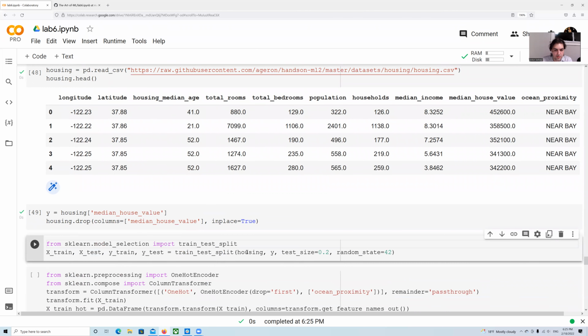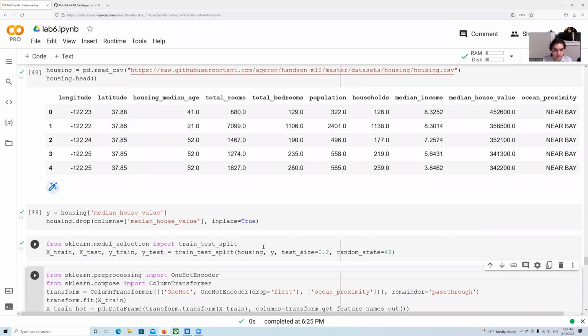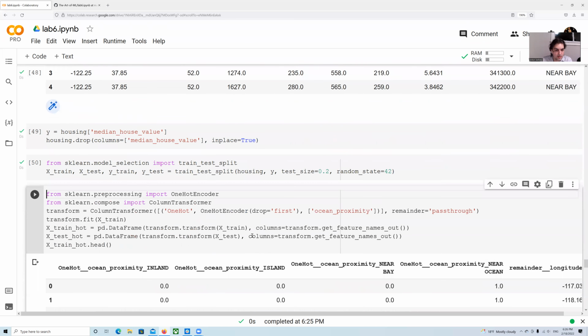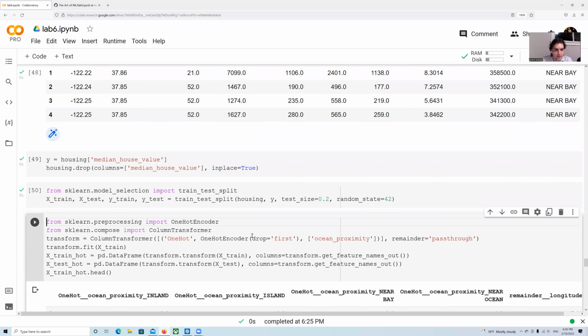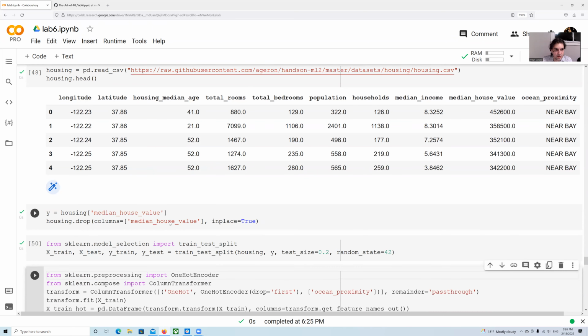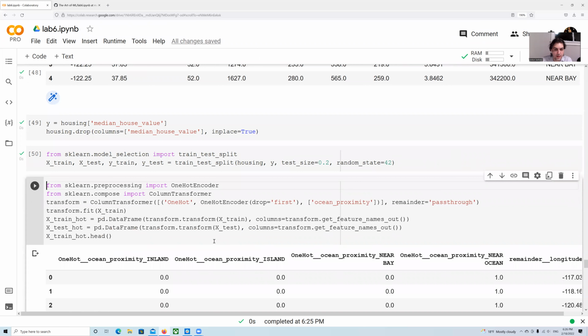Then split into train and test. Also, because I'm not using CatBoost, we need to apply one-hot encoding to our categorical variable, the proximity to ocean.